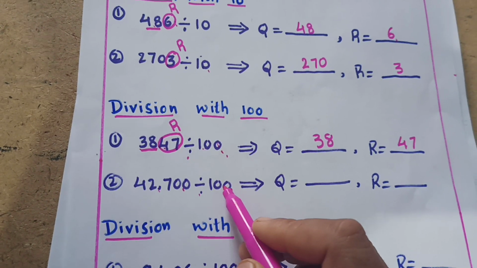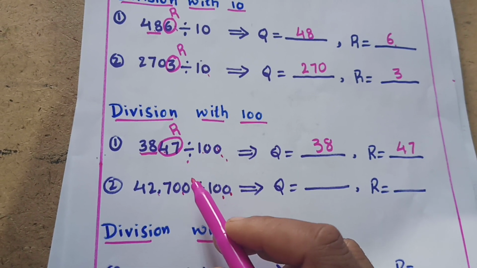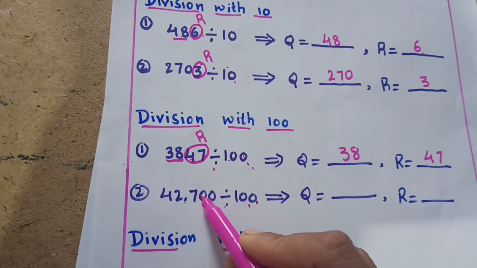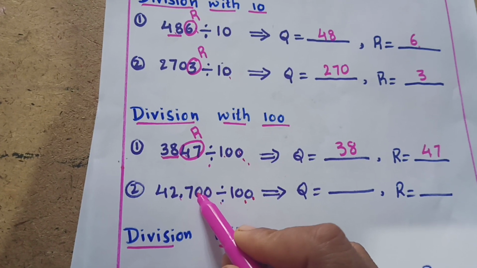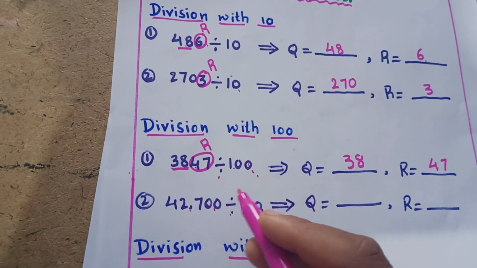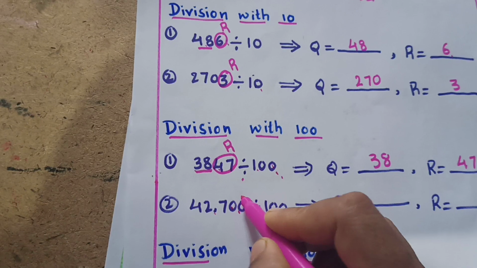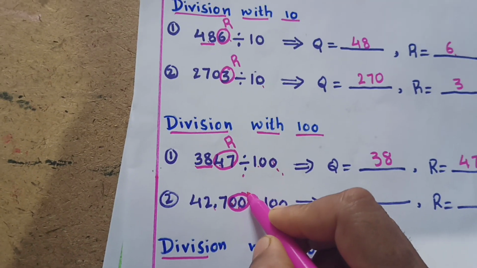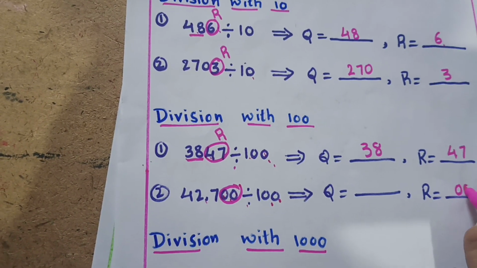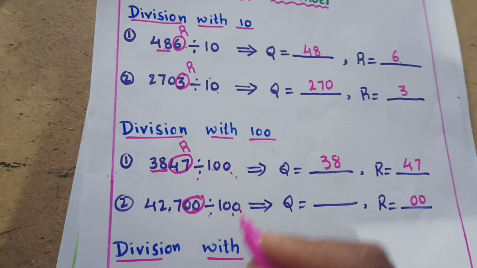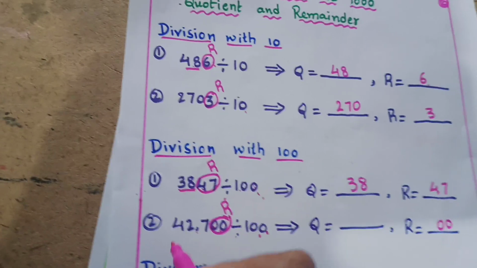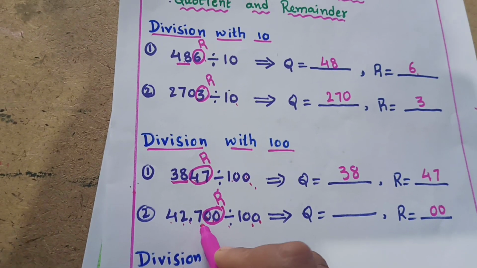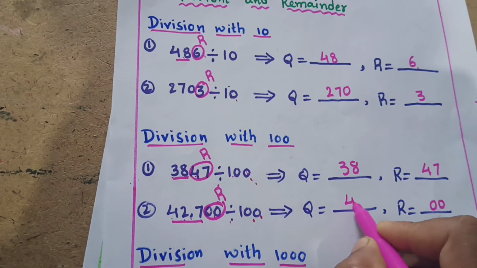That means the digits which are in the ones and tens place become the remainder, and the remaining part becomes the quotient. This is the ones place, the tens place, the last two digits become the remainder. 0 0, you can write 00 also. Yes, this becomes the remainder. What is the remaining part here? 427 becomes the quotient.